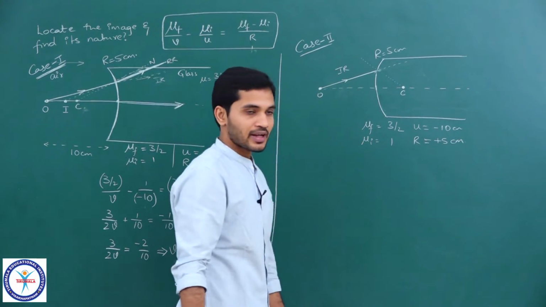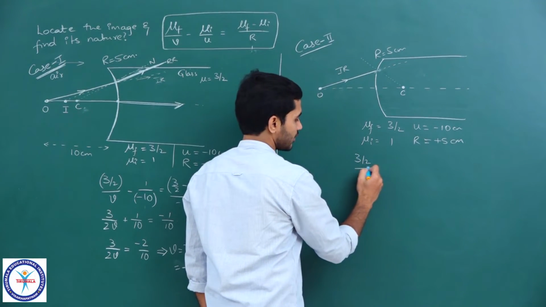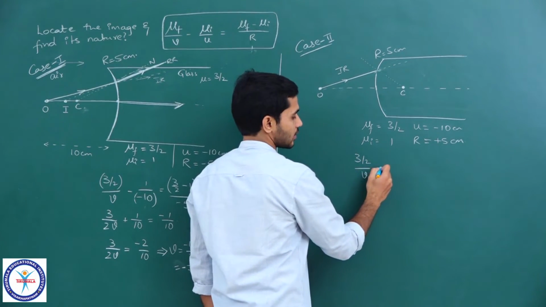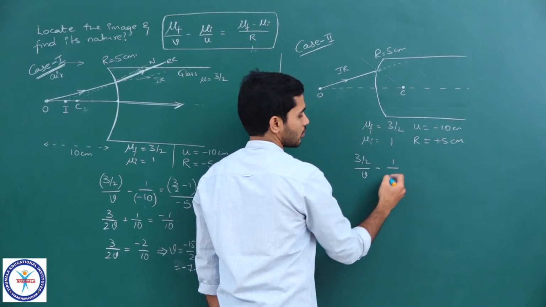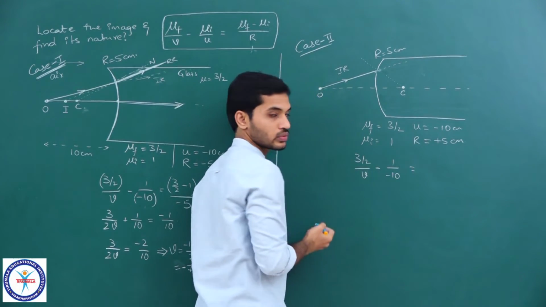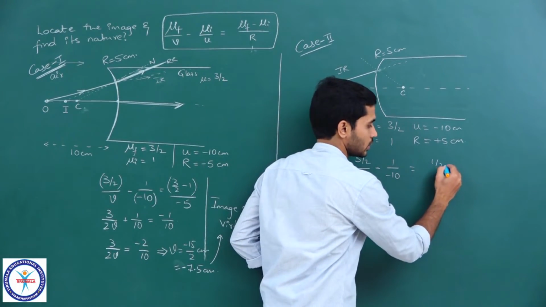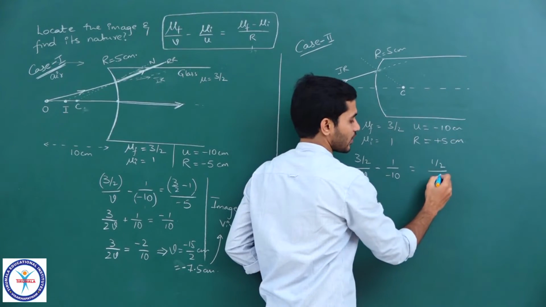So, let us substitute the values. Mu final by v minus mu initial by u, which is minus 10, is equal to mu final minus mu initial, which is 1 by 2, divided by r, which is 5.